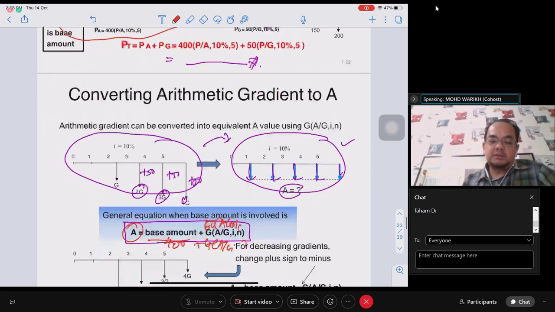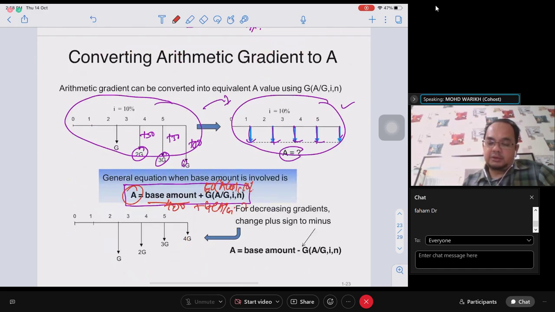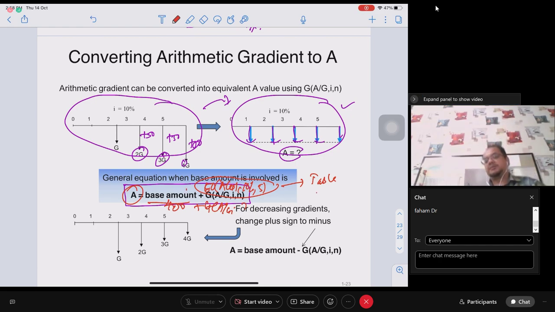So N is 5. So this one you refer to the table and you get the answer, and then plus the base amount. So you will get the number of A. So remember this formula.